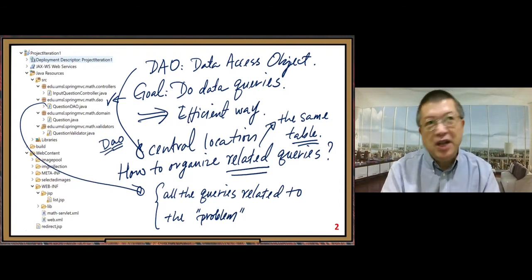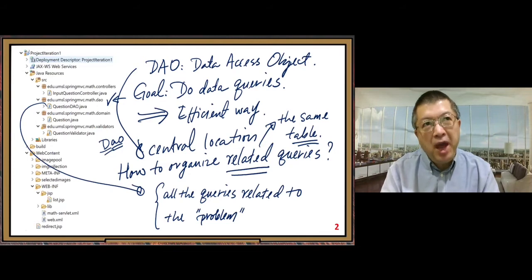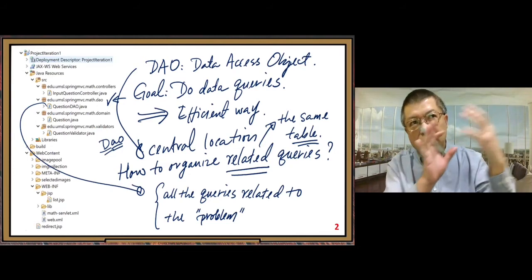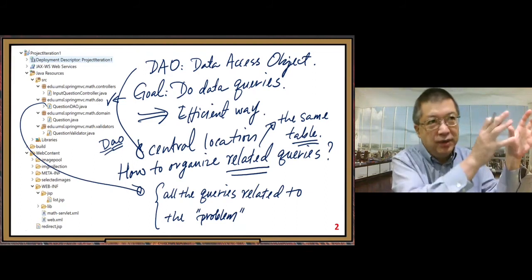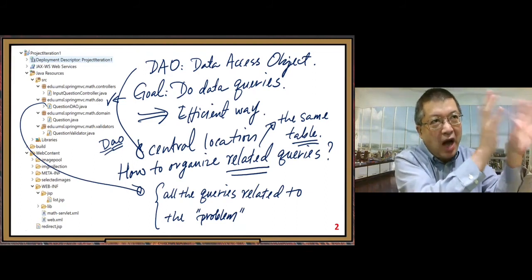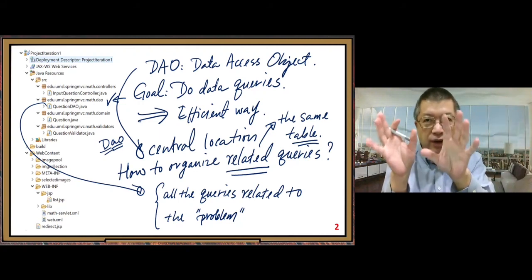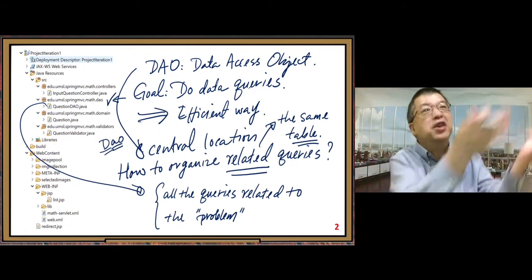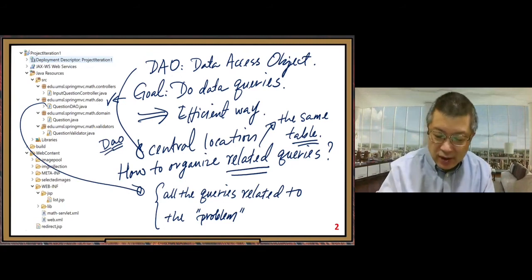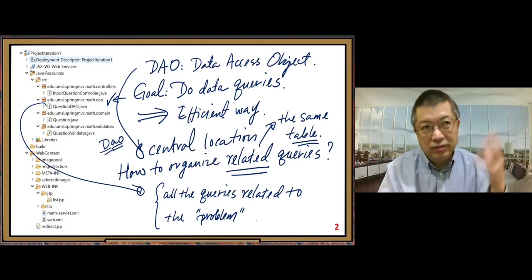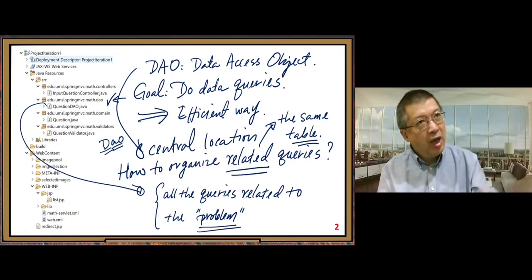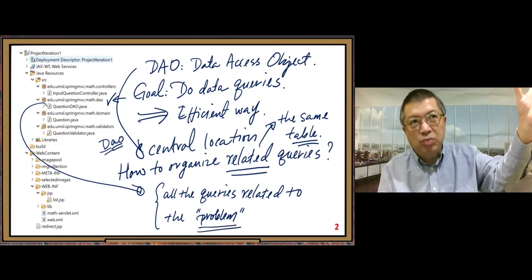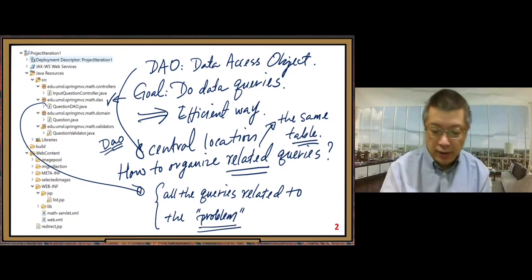Usually the DAO name and the table name should match, so that people can easily find the appropriate classes for different database queries. Here it's slightly different, but next time, if we have the chance, we better use the same name. For example, if we have the problem table, then our DAO class should be ProblemDAO.